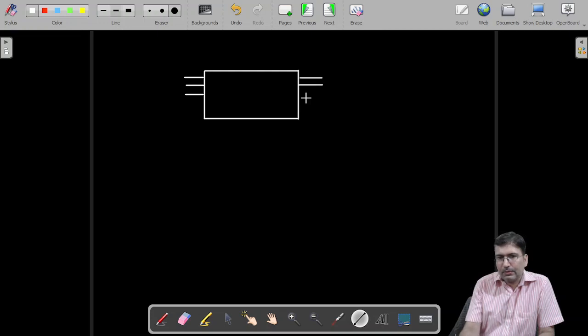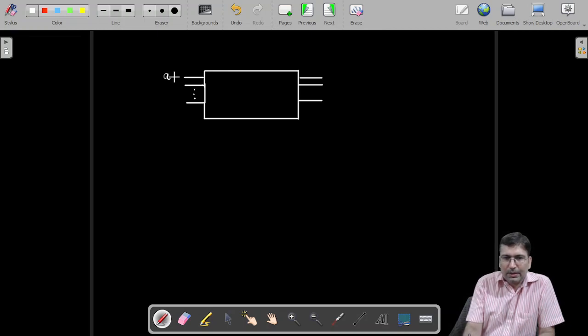So a certain number of outputs we are getting. Let me complete it now like this. I'm assuming that there are n number of inputs coming.